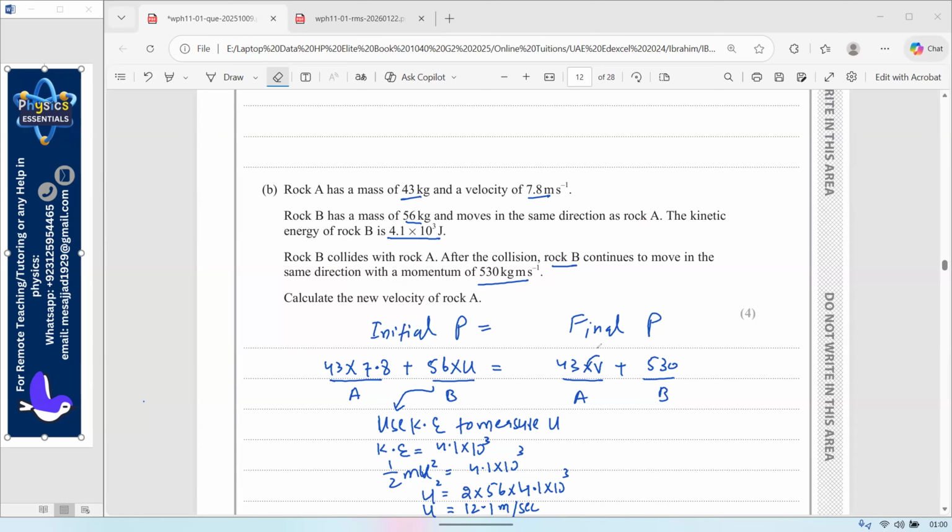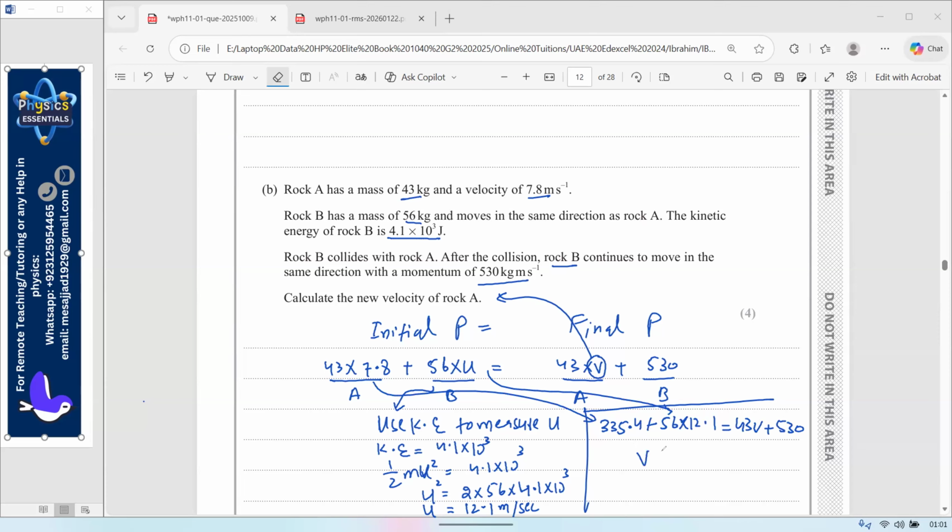And finally, you can easily get the speed as it is mentioned here. So what you are going to do now, I'm just multiplying everything. 335.4 plus 56 into 12.1. I'm multiplying this and now putting this here, equals 43V plus 530.